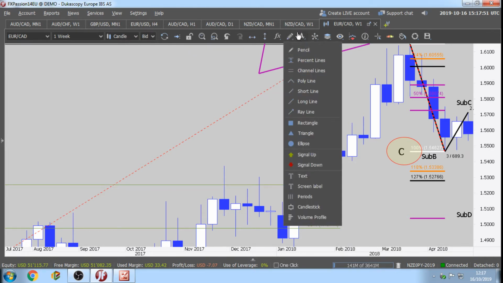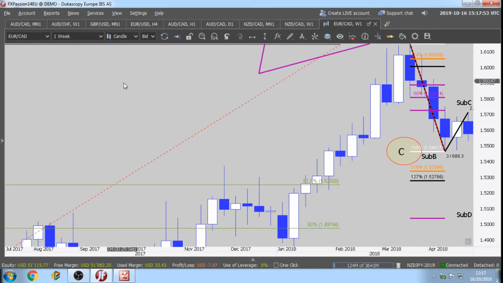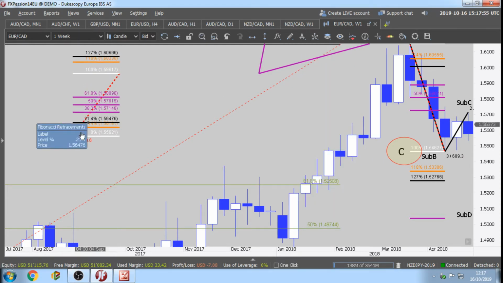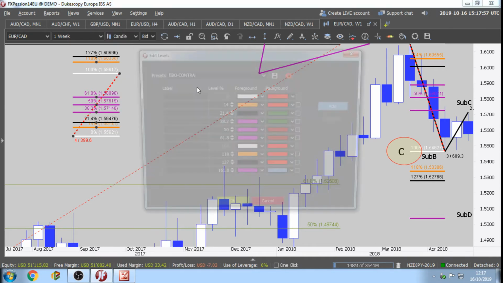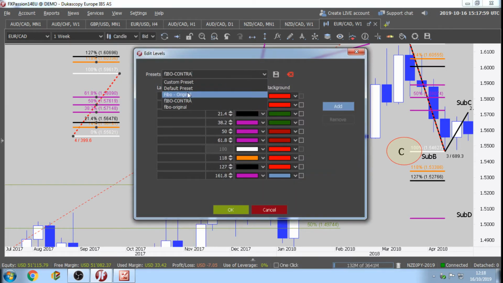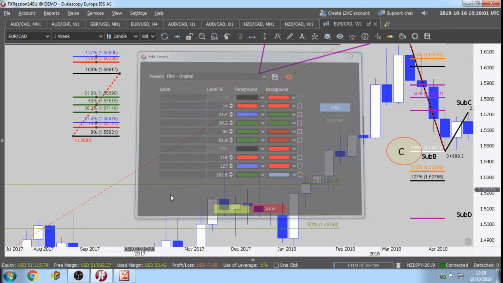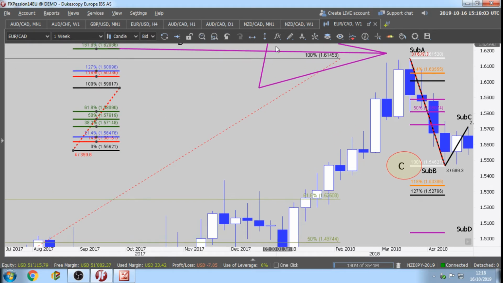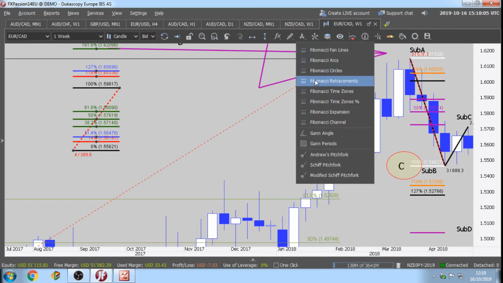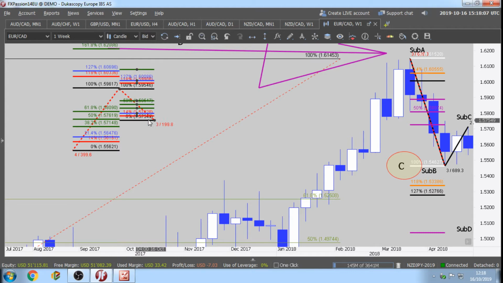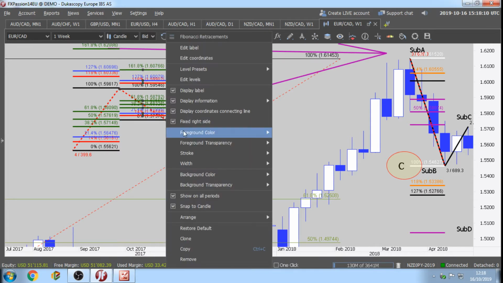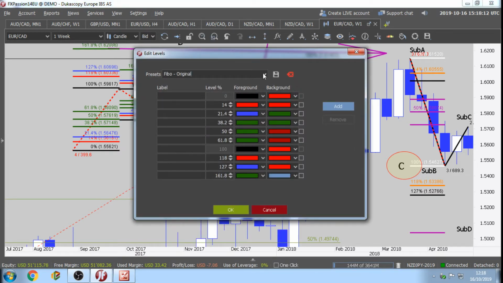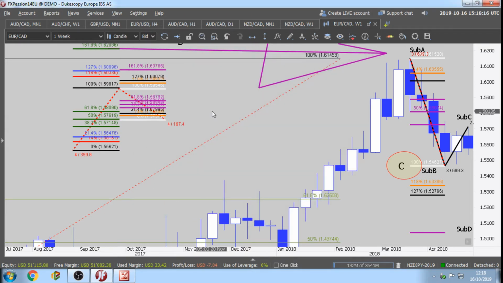It's not that difficult. You have an original Fibonacci, and let's color code it in here. You have an original Fibonacci, and you have a contrarian Fibonacci. Okay? And the same rules apply, right?